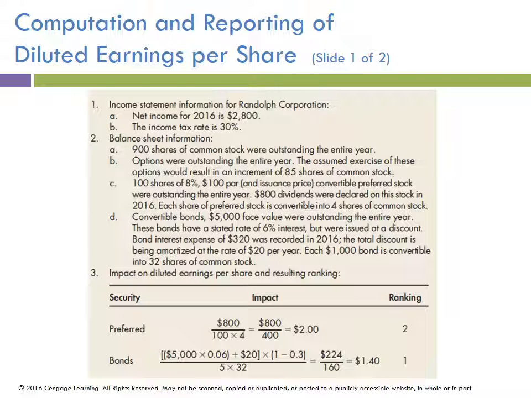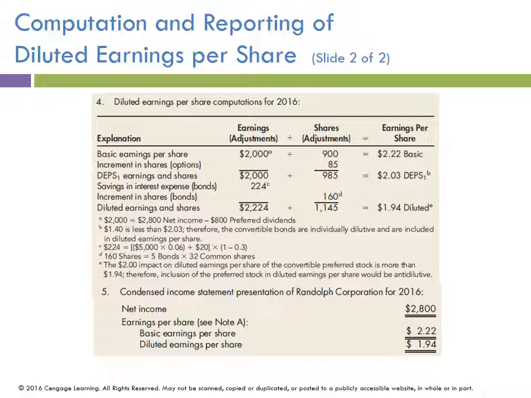Now remember, we got those 5 steps. So let's see what happens next. When we compute our basic earnings per share, our numerator is our net income, which was $2,800, minus actual preferred dividends of $800, because we do have preferred stock that we paid preferred dividends on.